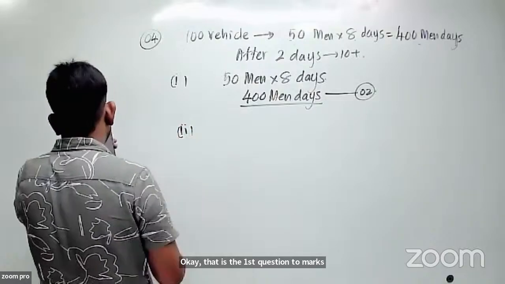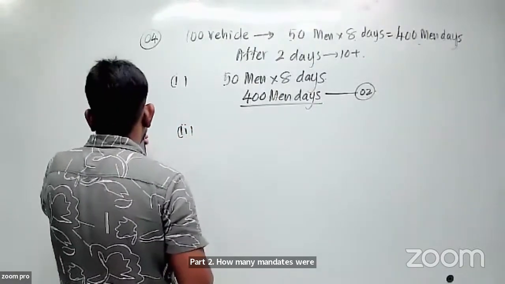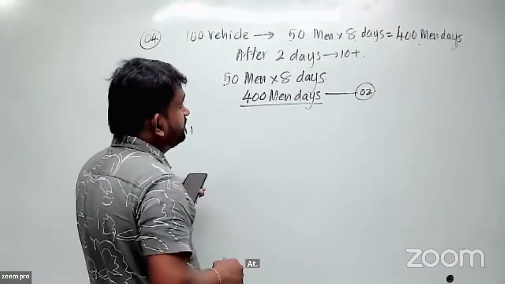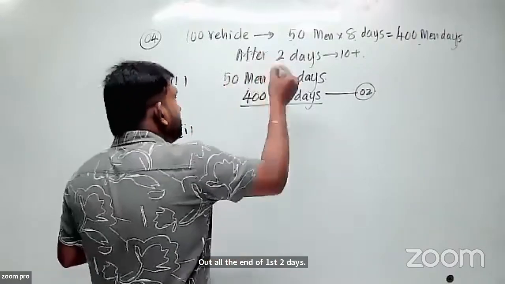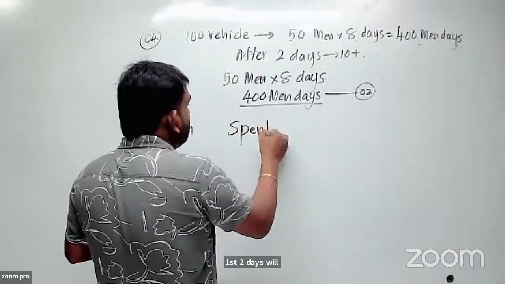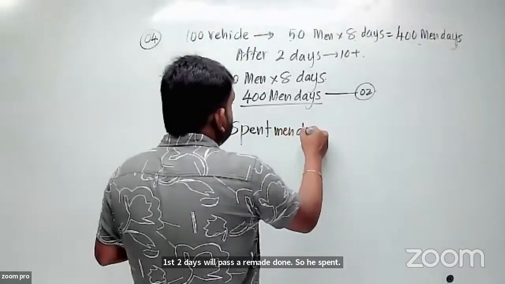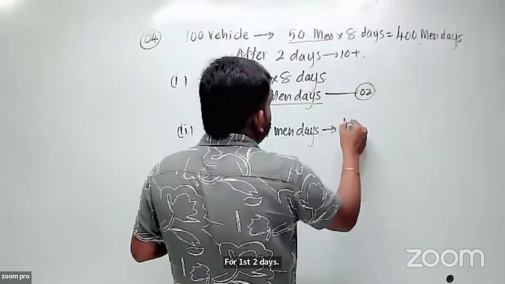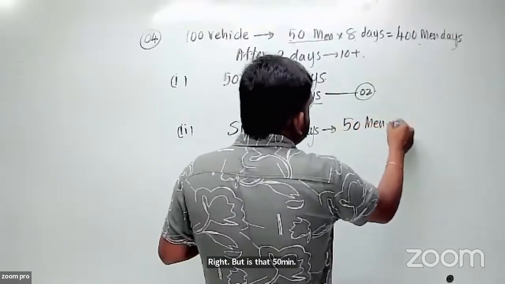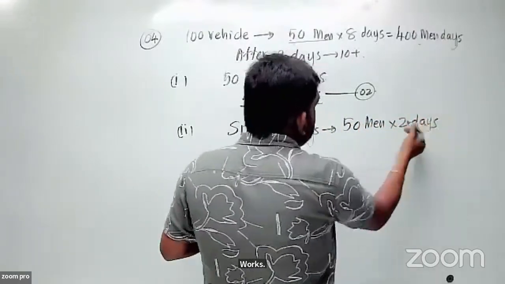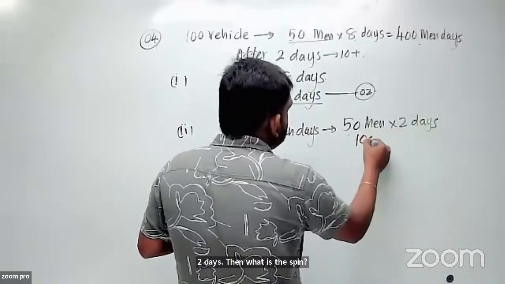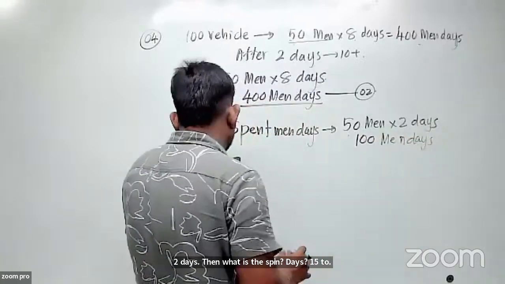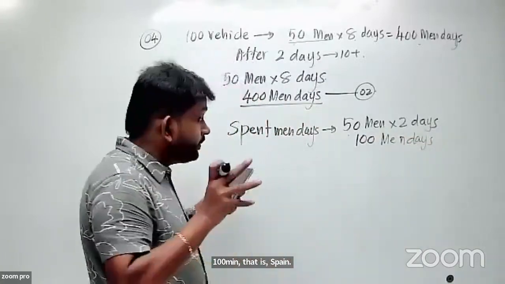Part 2: how many man days will remain at the end of the first 2 days? So find out the spent man days for the first 2 days, right? What is that? 50 men work 2 days. Then what is the spent man days? 50 into 2, 100 man days. That is spent. How many man days remain?